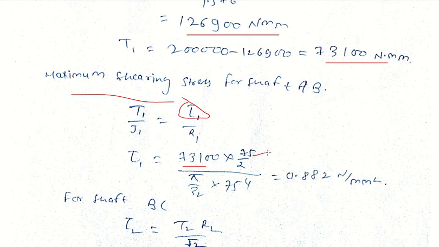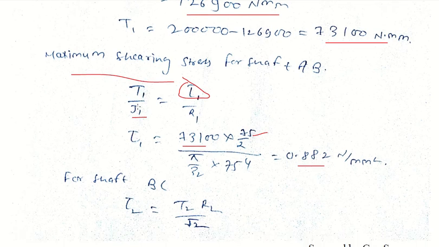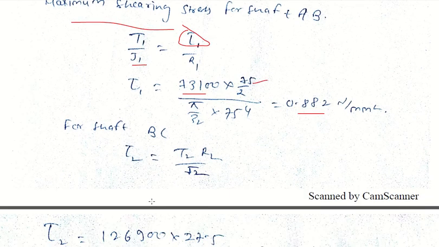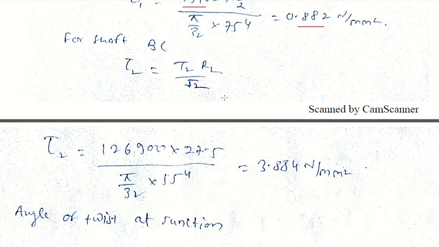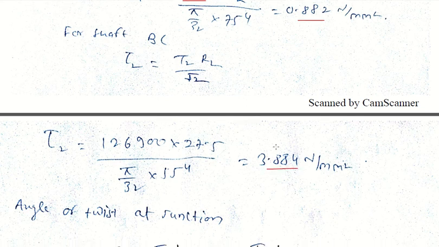Here the diameter is 75 mm divided by 2, and J is the polar moment of inertia, which is pi by 32 into 75 to the power 4. Now calculate these values. It will give 0.882 Newton per mm square. For shaft BC, again using this formula, tau 2 equals T2 R2 divided by J2, and put the values of torque, radius and polar moment of inertia. It will give 3.884 Newton per mm square.